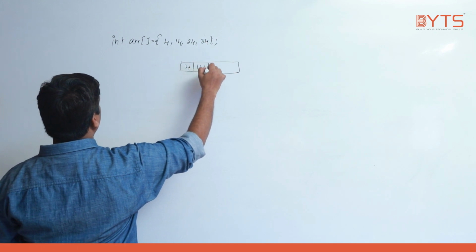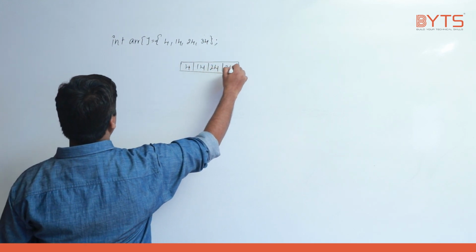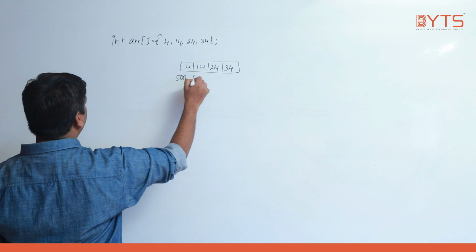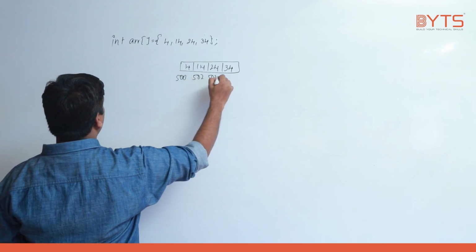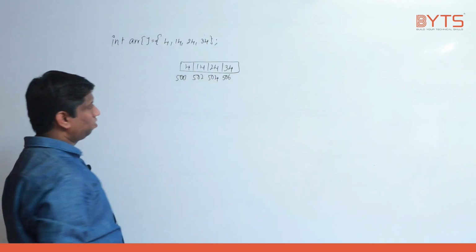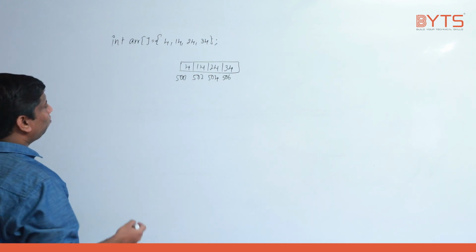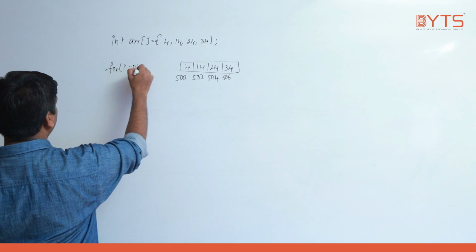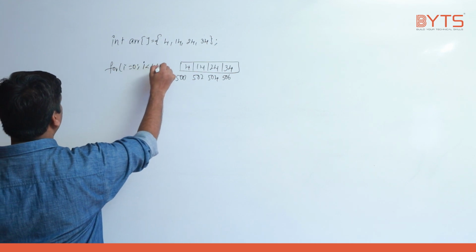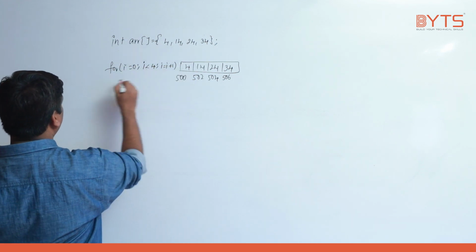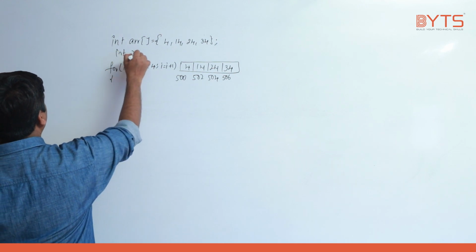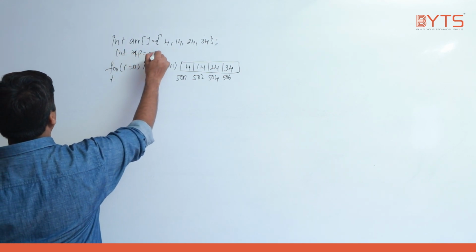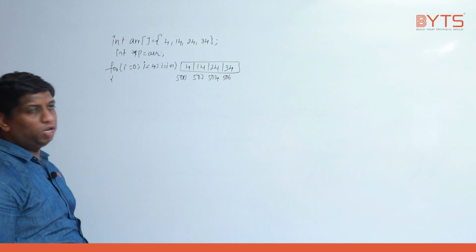4, 14, 24, 34, at addresses 500, 502, 504, 506, right? Now what I am trying to do, for i is equal to 0, i less than 4, i is equal to i plus 1. int *p is equal to arr.